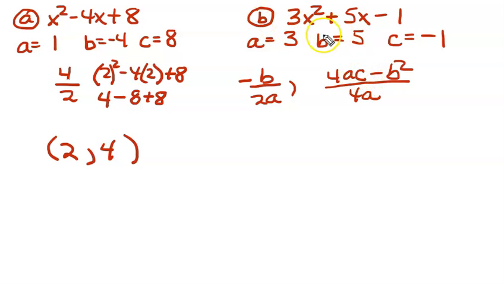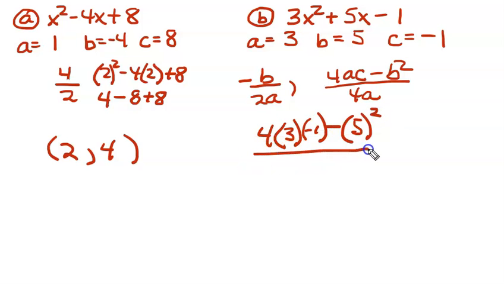Well, because here it's going to end up being fractions, and that gets to be tedious, and that's what they're illustrating. So let's do that. We're going to get 4 times a, which is 3, times c, which is a negative 1, minus, now b is a 5, that we're going to square, all over 4a.